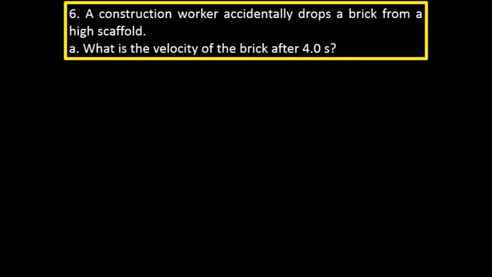A construction worker accidentally drops a brick from a high scaffold. What is the velocity of the brick after 4 seconds? Well, if it's dropping from rest, it would be 40 meters per second, 4 times 10.